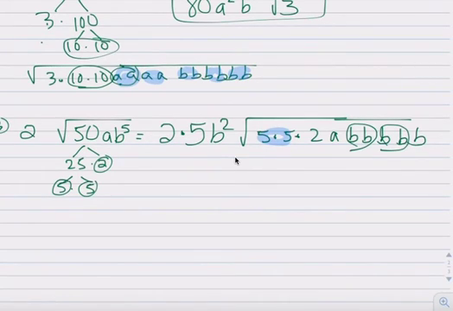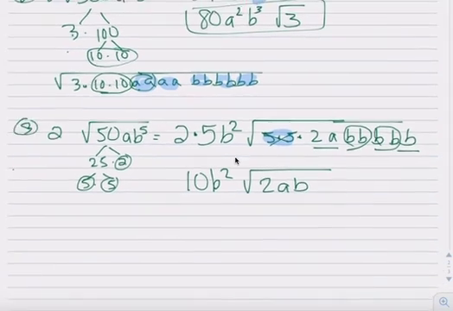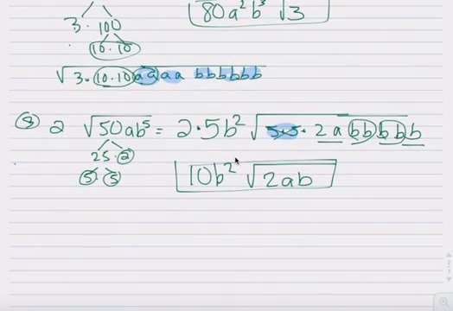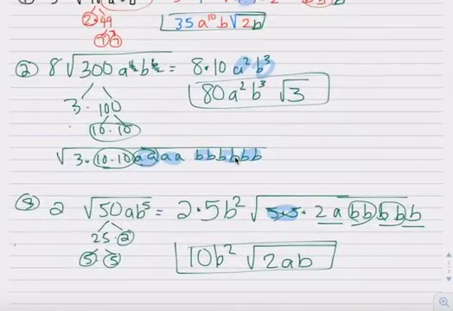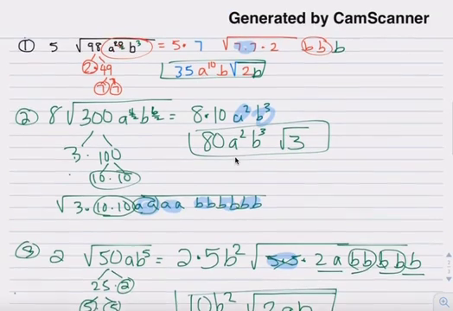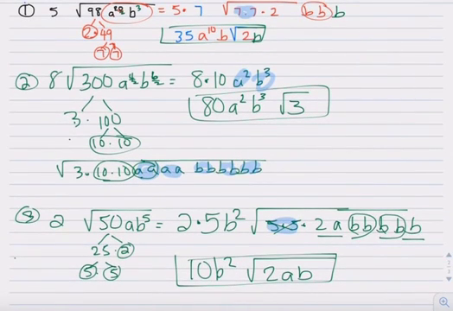So the answer is 10 b squared, with the square root of what's left, 2ab. Okay, that's your answer. Now I will continue on the next video and do some more later on another video.